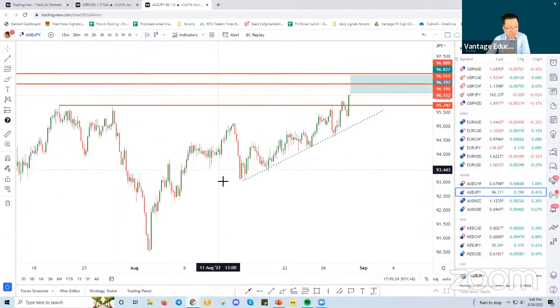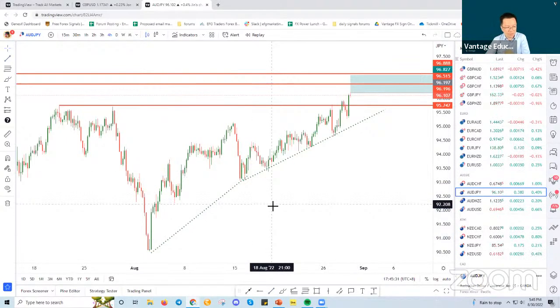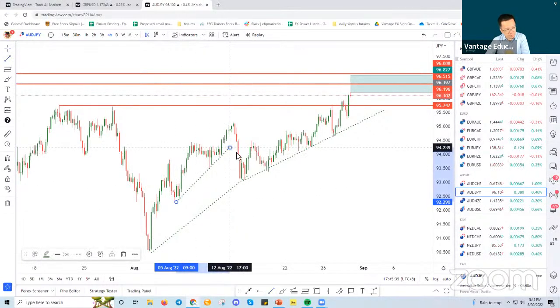We can see here that we saw this push towards the upside. We saw this big push towards the upside as well. We saw this push towards the upside as well. We are always drawing upward trend lines. So it shows you that, hey, overall, we are looking at a big push towards the upside.